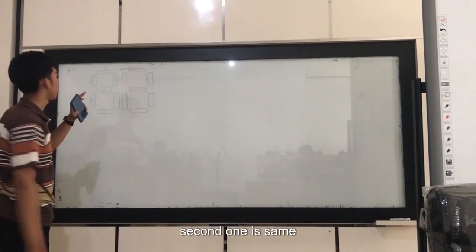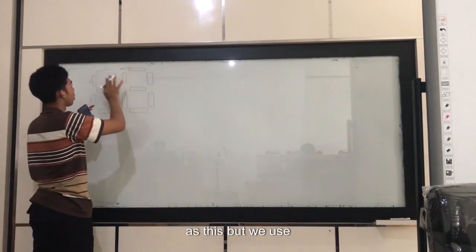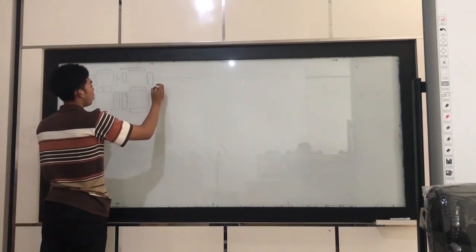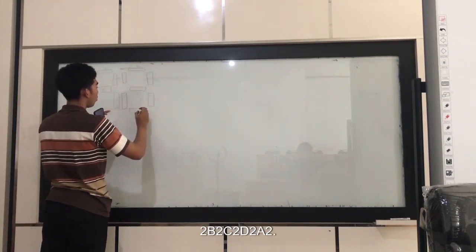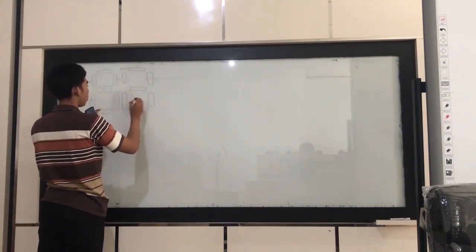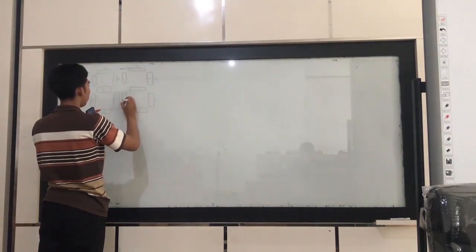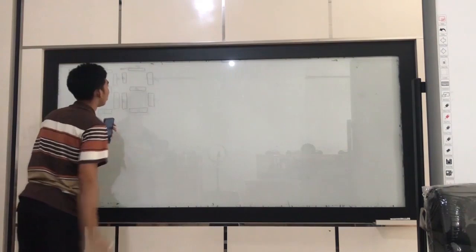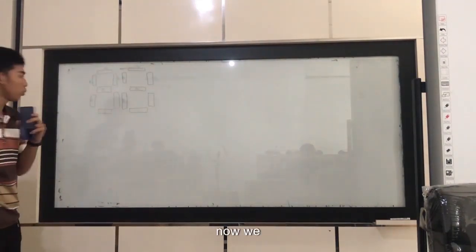And the second one is the same as this, but we use A2, B2, C2, D2, E2, F2, and G2.